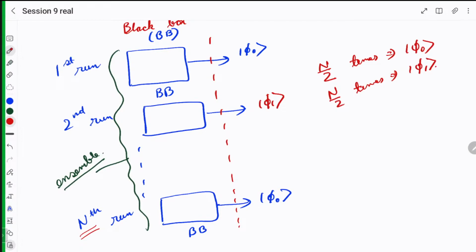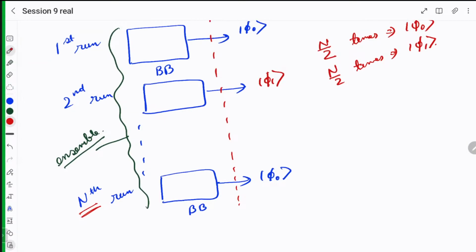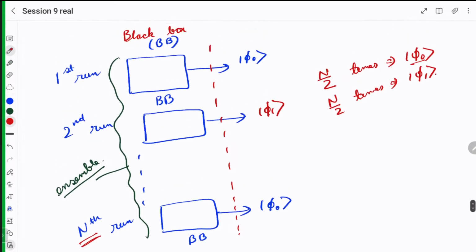If I have to predict what it will output in the n plus 1th time I run the black box, it will give ket phi naught with 50% probability and ket phi 1 with 50% probability.